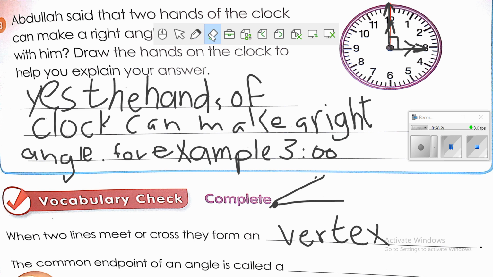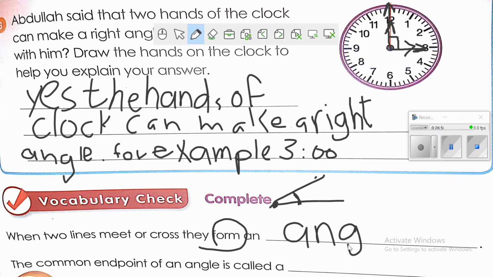They meet together in a vertex. But here they ask us when two lines meet or cross, what do they form? They form an angle. Excellent. So when the two lines meet together in a point, I call it vertex. But they form what? Angle.